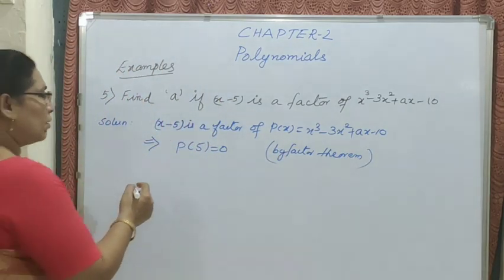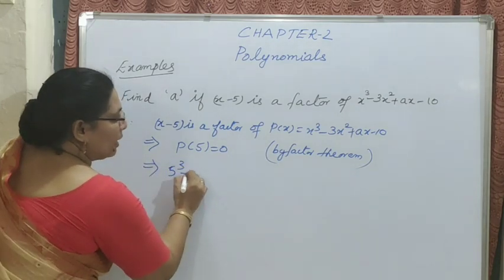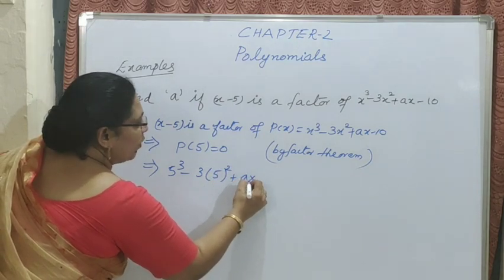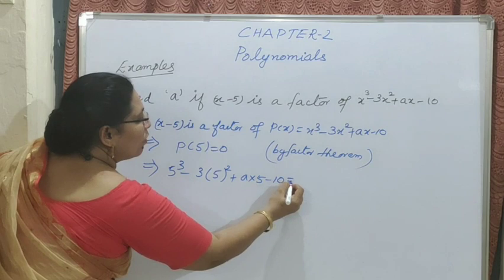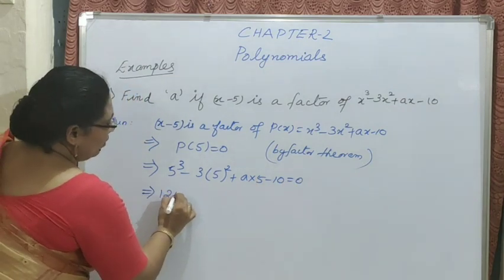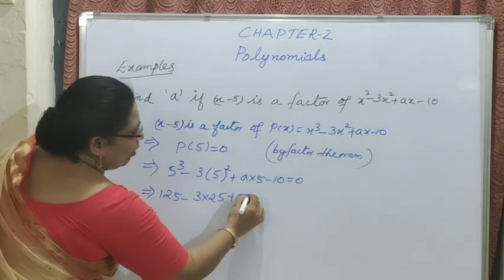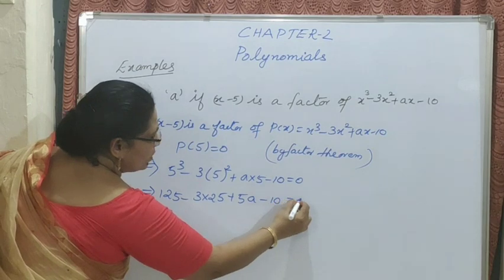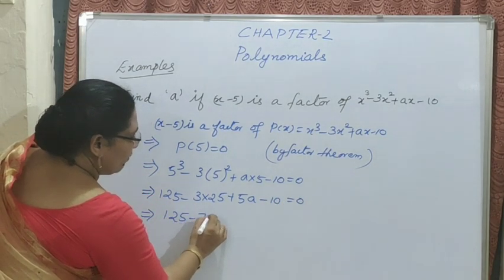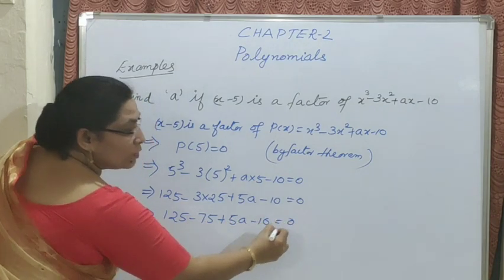So what is the next step? We should substitute x as 5. So 5 cube minus 3 into 5 square plus a into 5 minus 10 equal to 0. 5 cube is 125 minus 3 into 25 plus 5a minus 10 equal to 0. 125 minus 75 plus 5a minus 10 equal to 0.